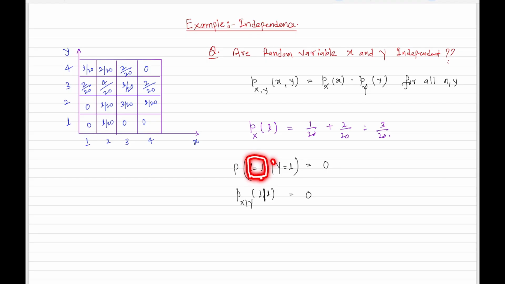Now it is 0. So this evidence is affecting your belief about this event, right? So we can directly say that random variables x and y are not independent.